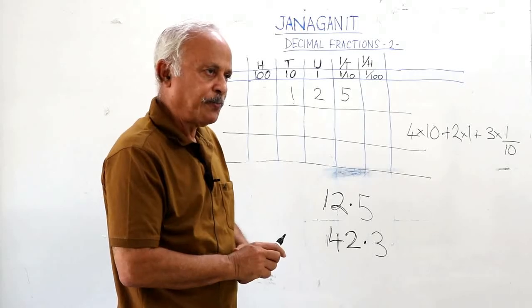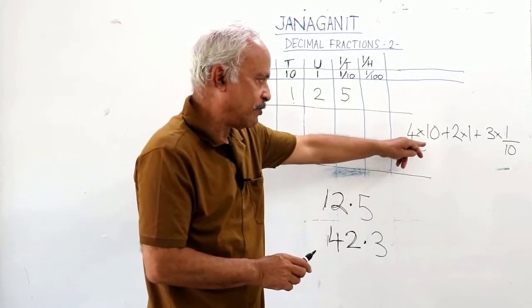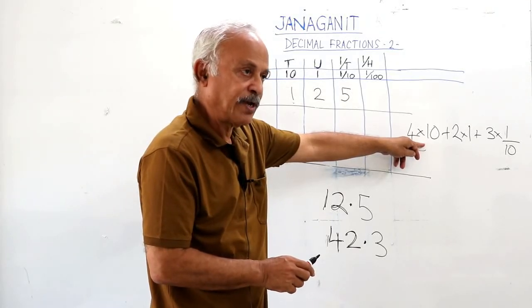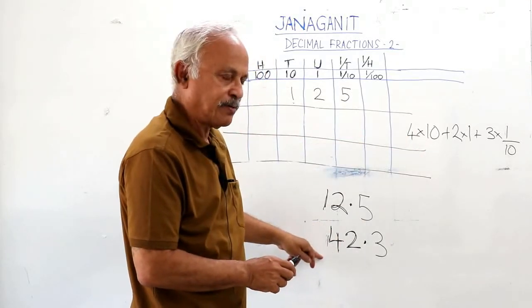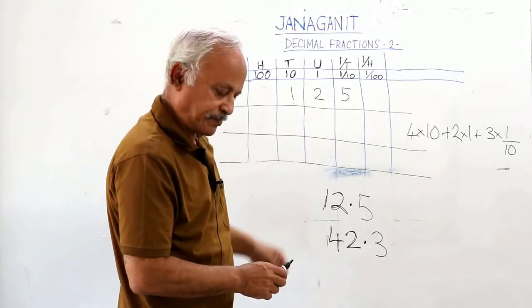Now I am going to write a number in this form, and on your slate, Gyan Jyoti, you have to write it using the decimal point. Are you ready? I'm going to write it here.